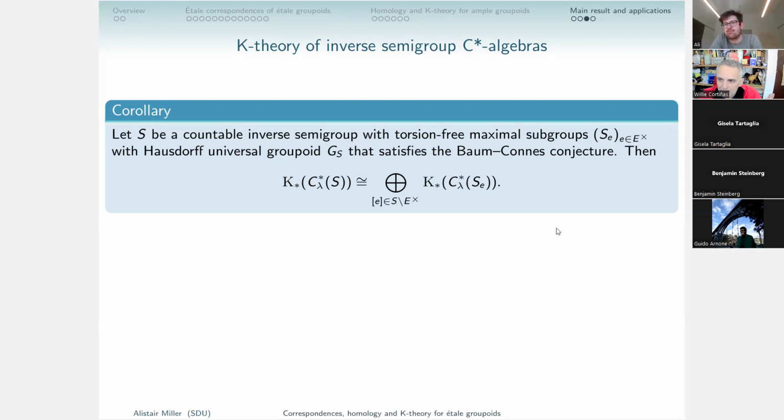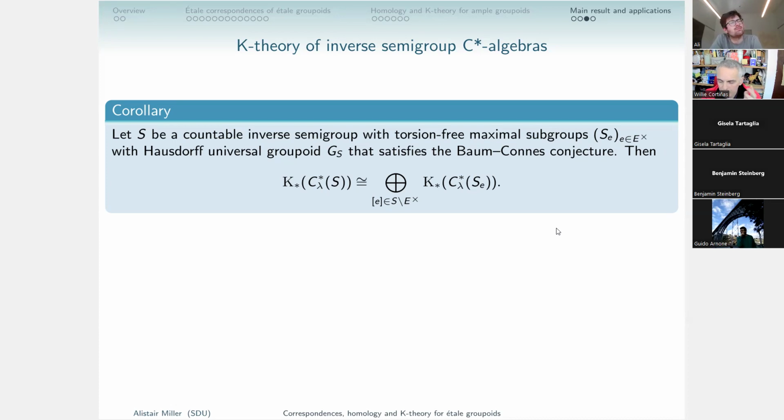Right? So when trying to figure out what the right version of Farrell-Jones should be, I ran into a problem that, first of all, the point has to be the space. If you look at it from a single groupoid perspective, you have a space, which is the unit space.